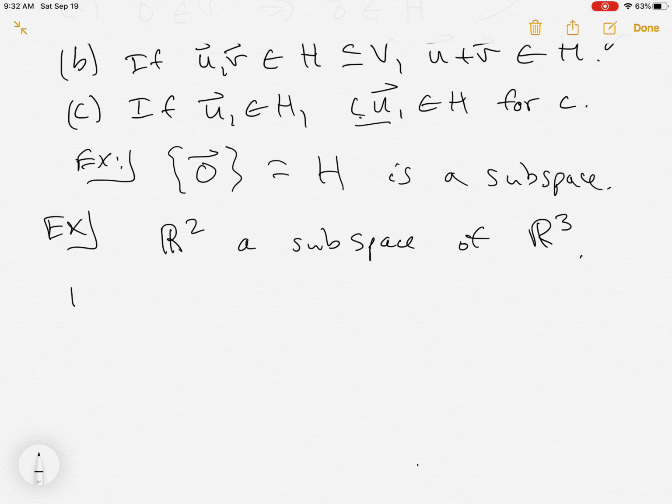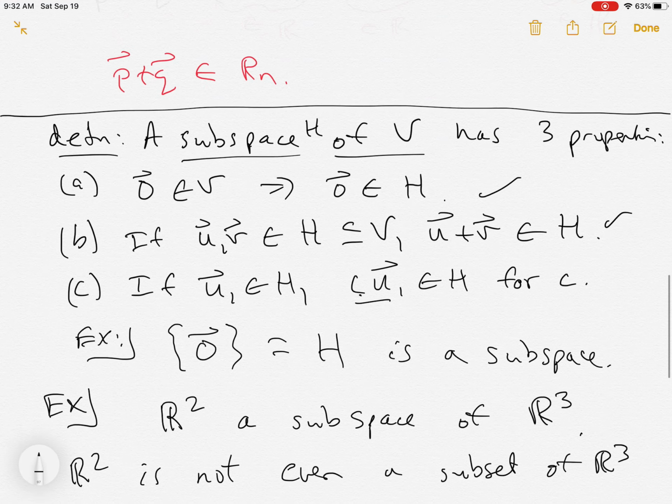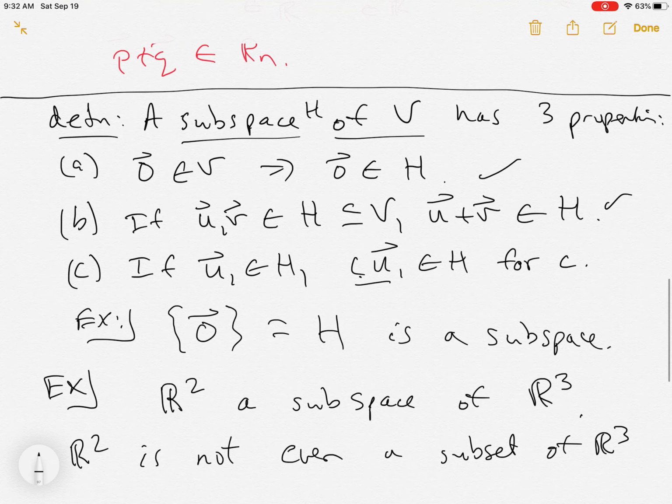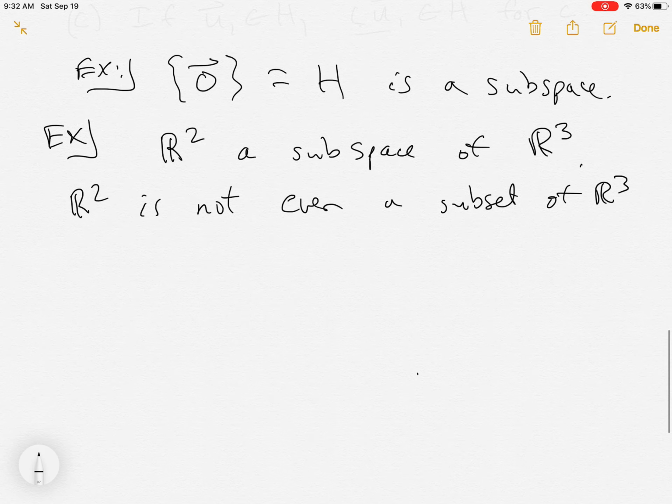But the problem here is that R2 is not even a subset of R3, right? So the first thing you say about a subspace is that whatever it is, it needs to be a subset of V. So it's got to be vectors in V, and vectors in R2 are not in R3.